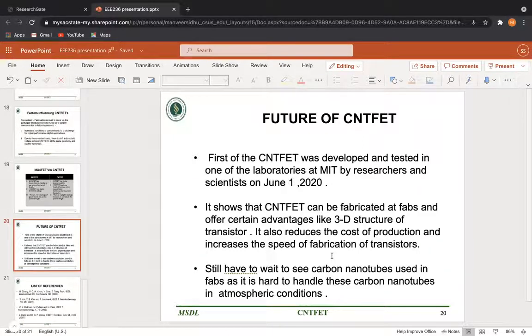It reduces the cost of production and increases the speed of fabrication of these transistors. But we still have to wait to see how these carbon nanotubes can be used in fabs, as it is hard to handle these carbon nanotubes in atmospheric conditions, which is a limitation for it, and scientists and researchers are working on this.